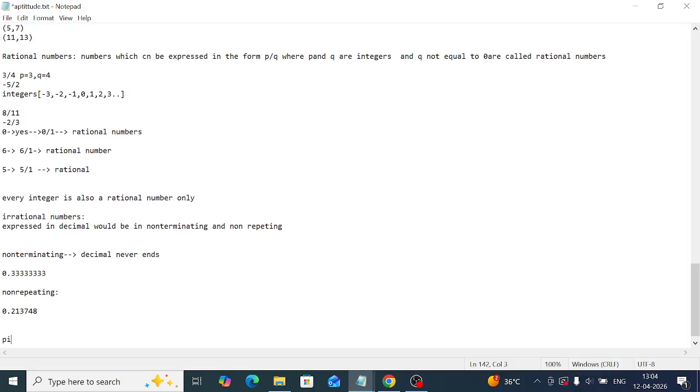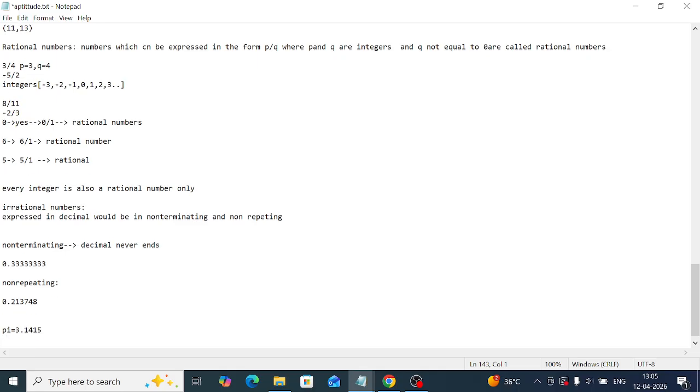Pi is an irrational number because it returns 3.1415 and some random values. Next, square root of 2 displays 1.414 and so on, random digits.